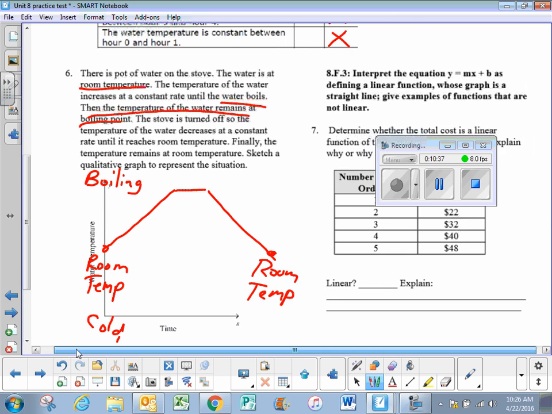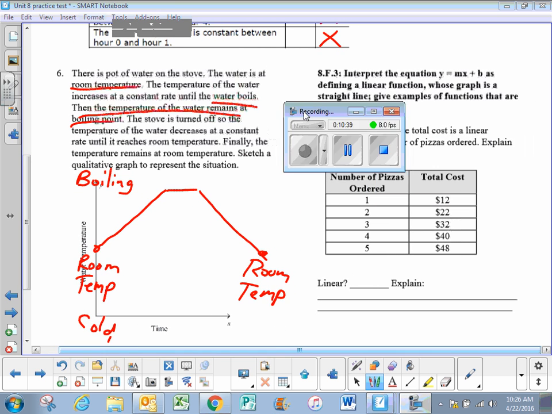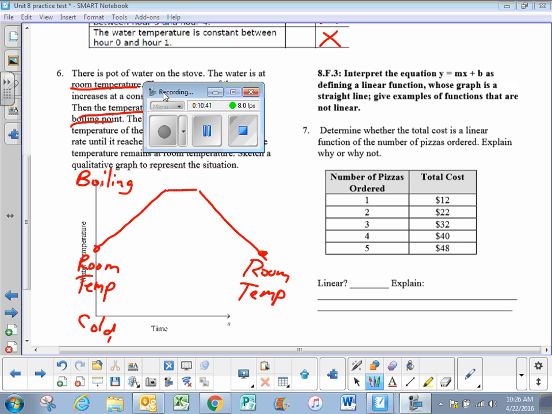Okay, 7. Interpret this equation y equals mx plus b, because we also are comparing linear and nonlinear relationships. Is this linear? No. Be careful. Plus 10, plus 10, plus 8, plus 8. Okay? This one's going up at a constant rate, right? But both variables have to go up at a constant rate.